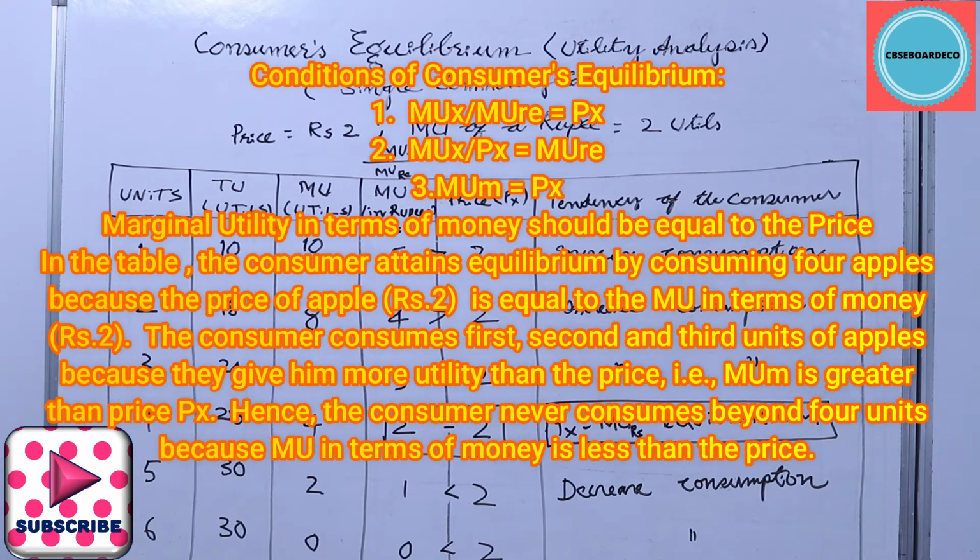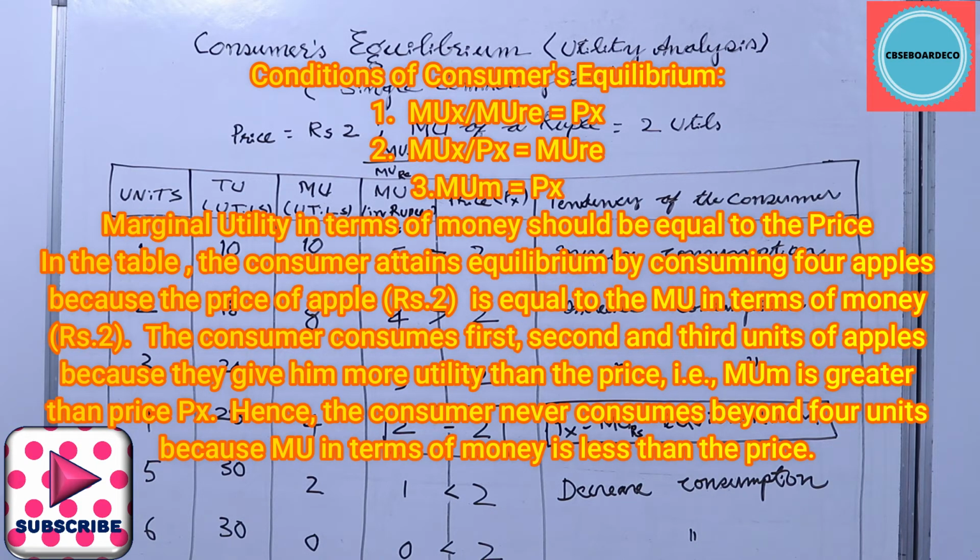The price of the commodity is 2 rupees, so your marginal utility in terms of rupees is much more than the price you are paying. You get 5 rupees of satisfaction but pay only 2 rupees, so the tendency of the consumer is to increase consumption. For the second unit, the marginal utility has come down to 8, which is 4 rupees, but you are still paying 2 rupees. Better have it, increase consumption.